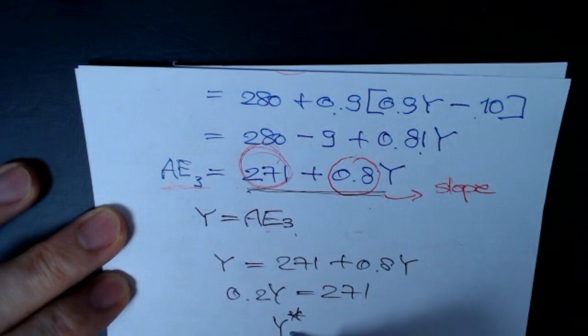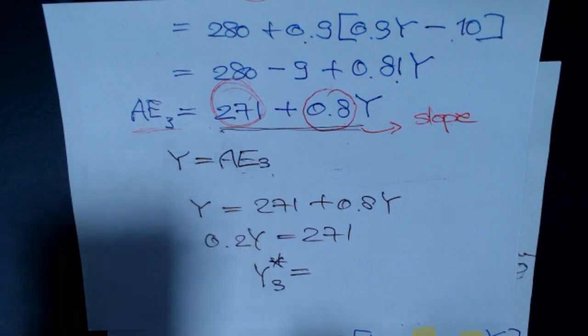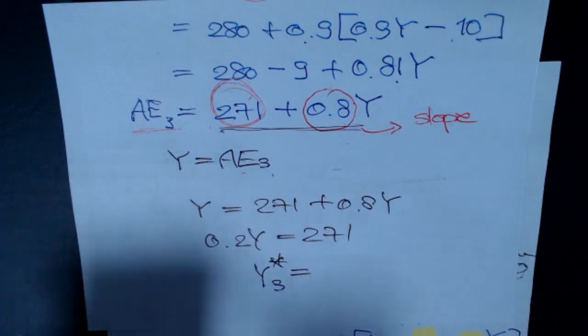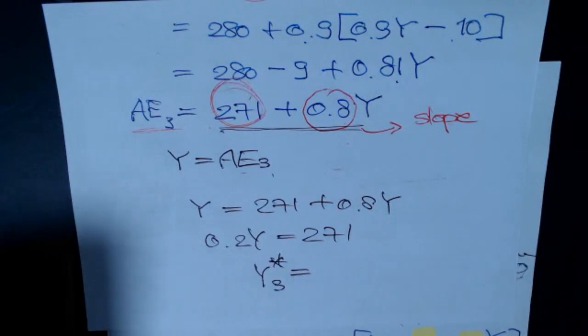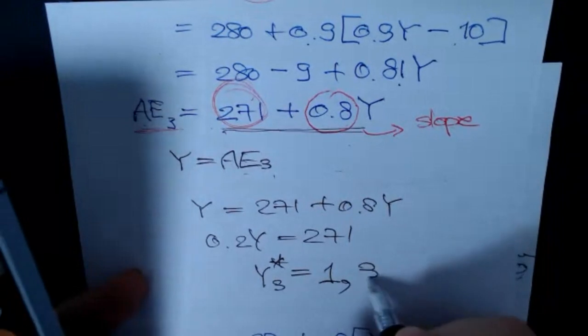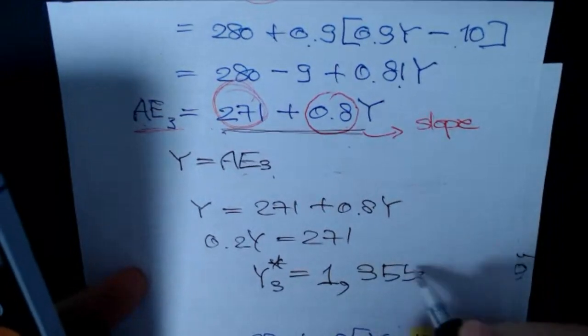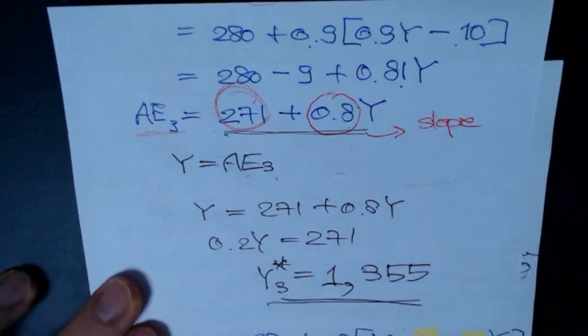So equilibrium in the 3 sector is now, let's see how much: 271 divided by 0.2, 1,355. So this is the new equilibrium.